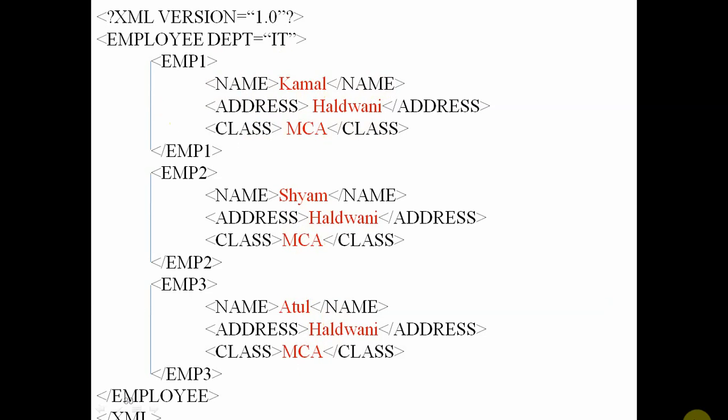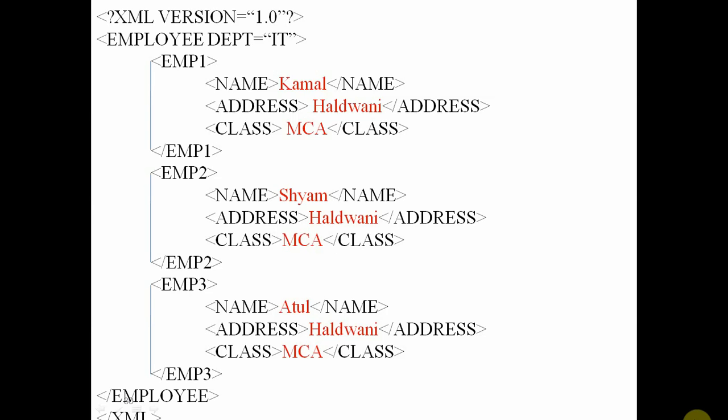One special thing about XML is that the tags are not predefined. They are according to the table and according to the property. We have name, address, and class as three fields, so accordingly we have three tags, and employee is the name of the table, so employee is a tag.